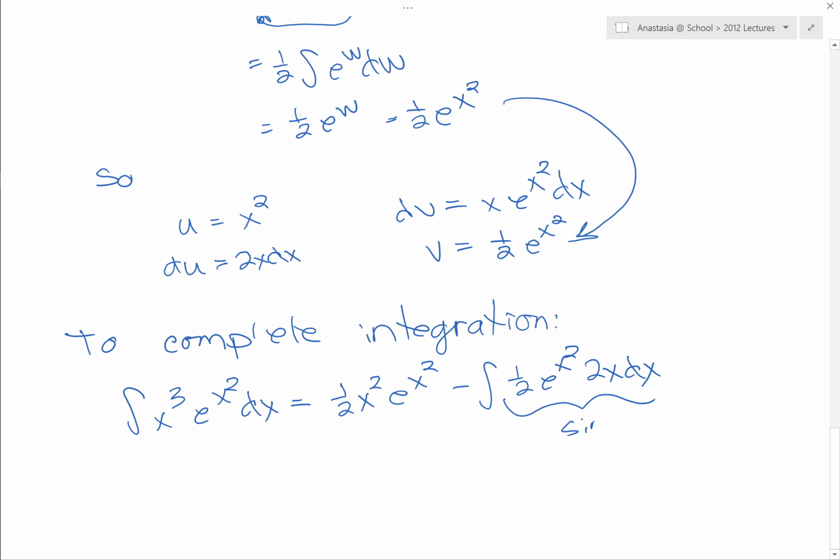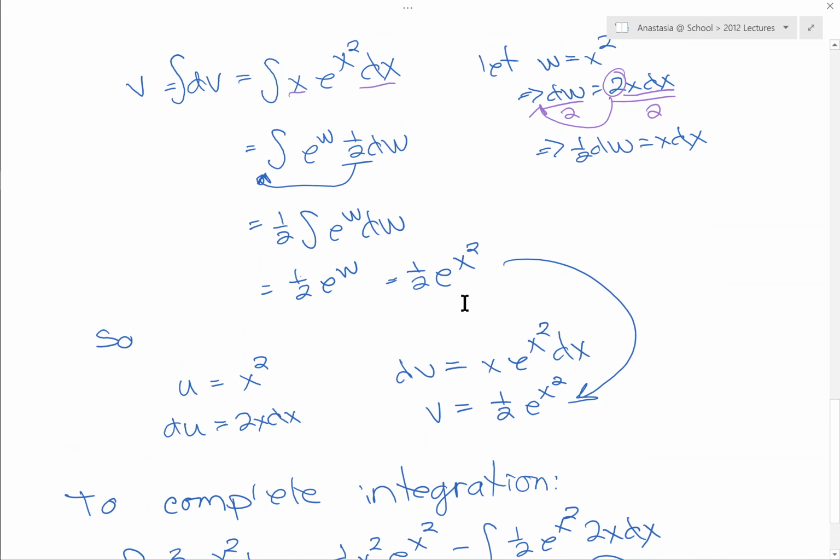Again, simplify before trying to integrate. So we get 1/2 x squared e to the x squared minus, the 1/2 and the 2 cancel, so we get the integral of x e to the x squared dx. And if you compare this integral to what we have up here, we have already evaluated that integral, so we do not need to rewrite this work.